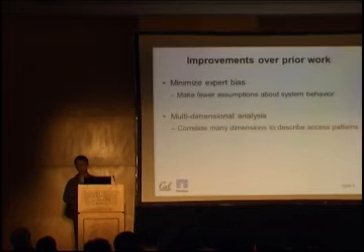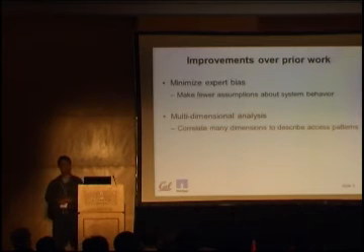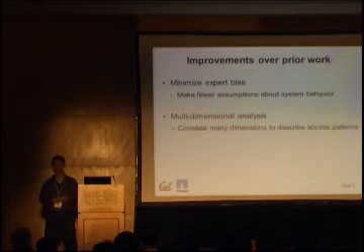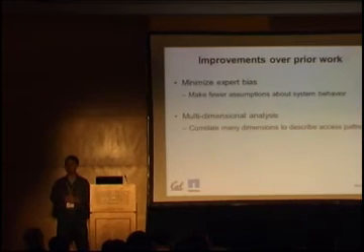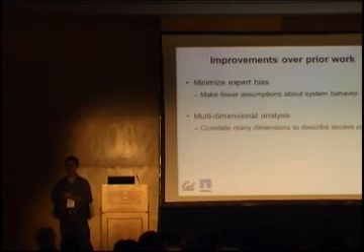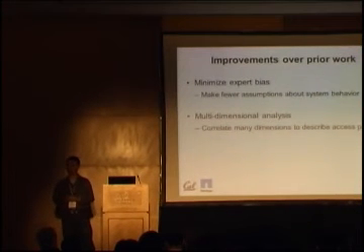We also do multi-dimensional analysis. Now, past work has also looked at analysis across many different dimensions. However, the analysis is often one dimension at a time. And when we start correlating across different dimensions or different ways of describing a storage system, a manual analysis can at best correlate only 2 or 3 dimensions.